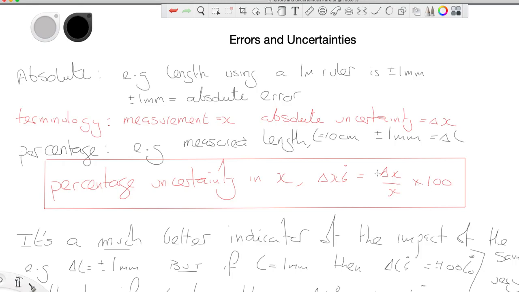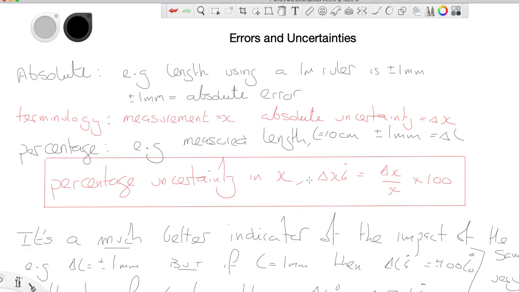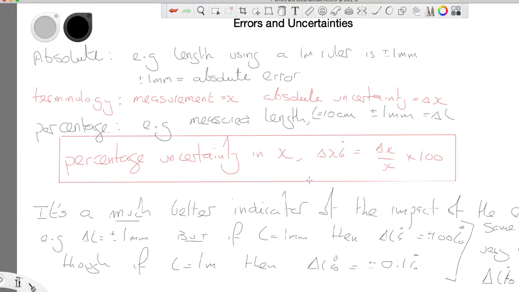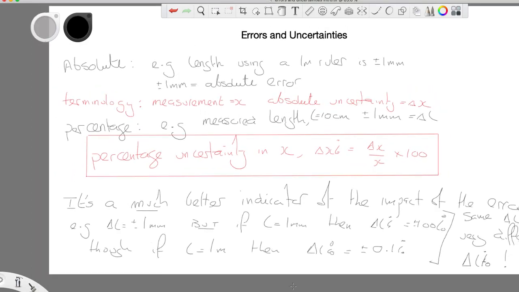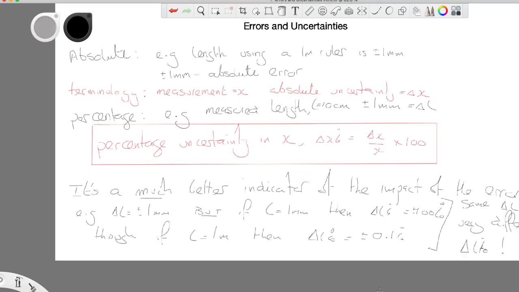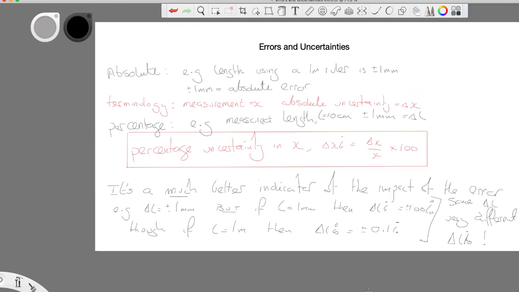So why do we bother with that? Well, the thing is that your value of your absolute uncertainty is not terribly useful in itself. If you look at this measurement of the length plus or minus 1 millimeter, that sounds fine.